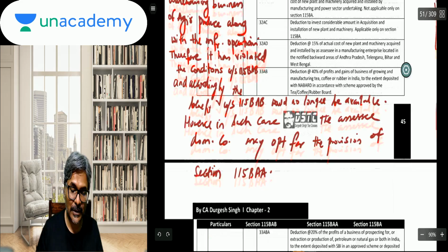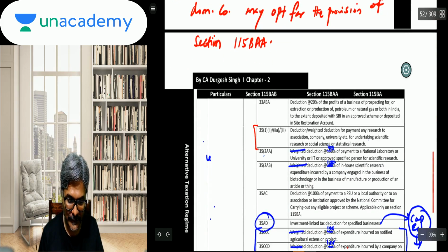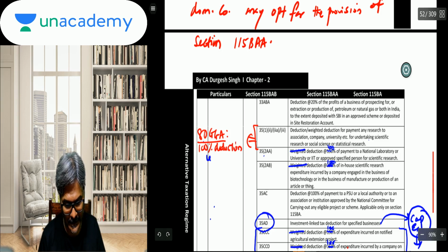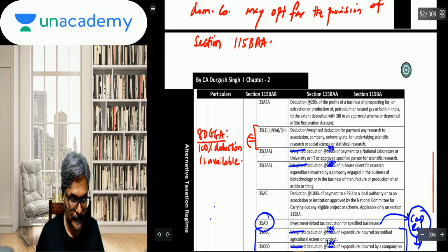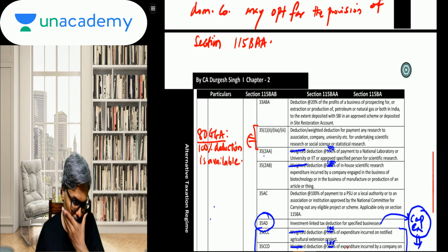Why is it not disallowed forever? Because, students, be careful here. There is 80GGA, as per which 100% deduction is available.